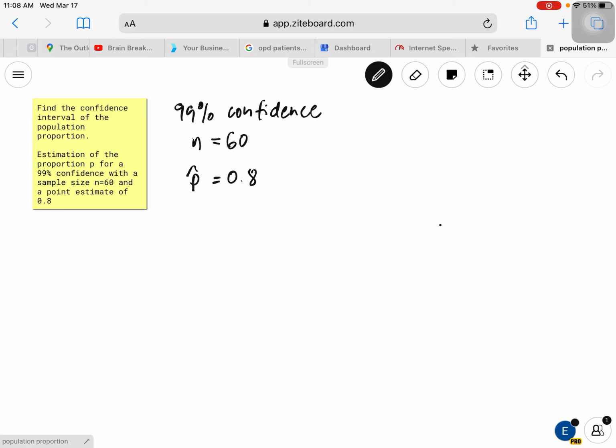Say, for example, you want to know the population proportion of the working individuals in Cebu City who were positive of COVID-19.